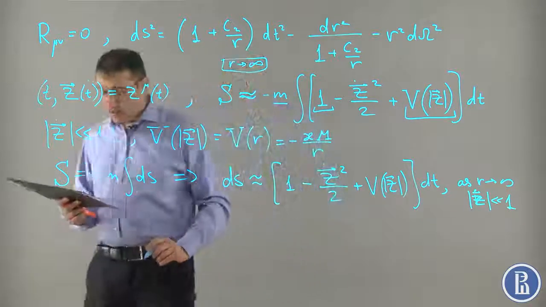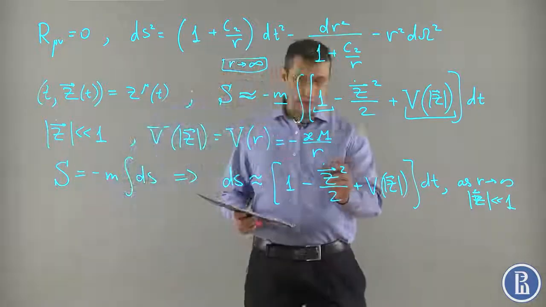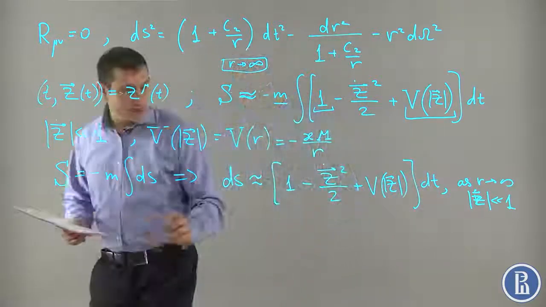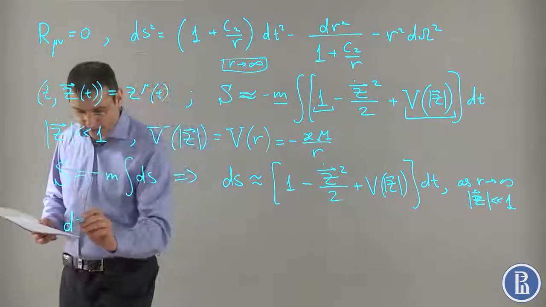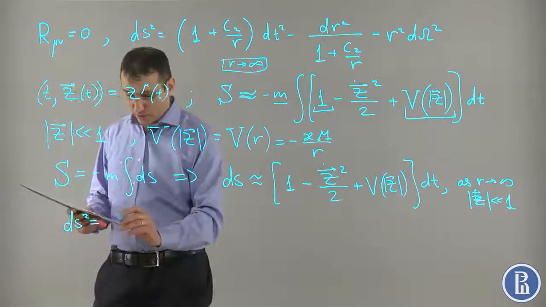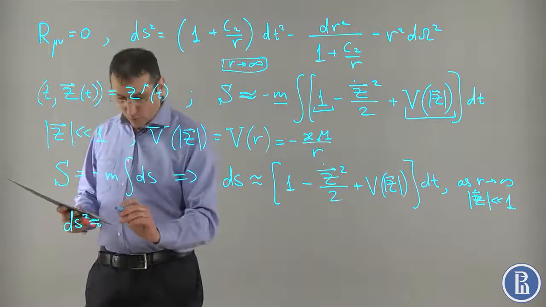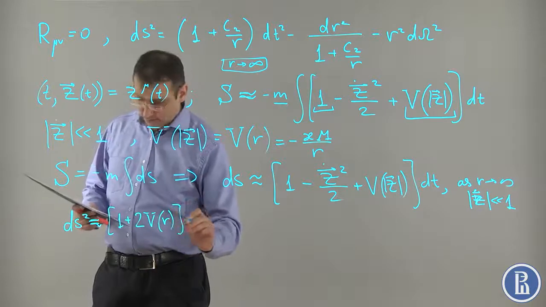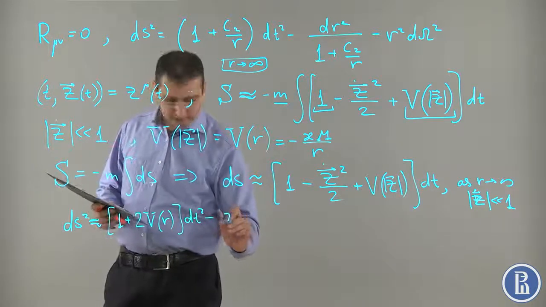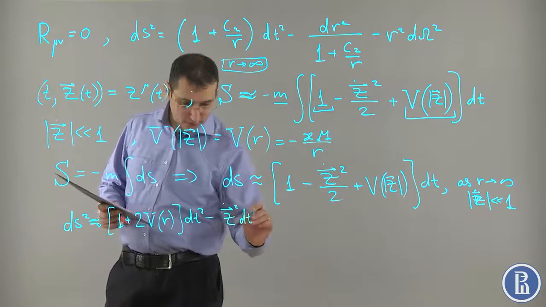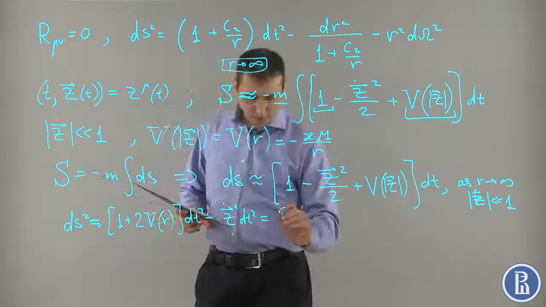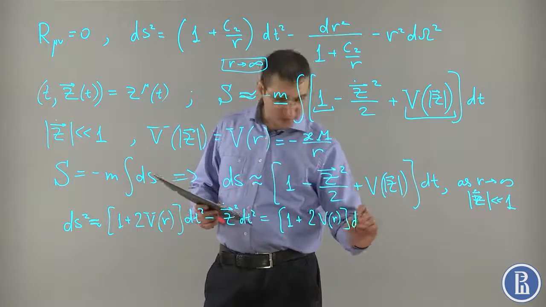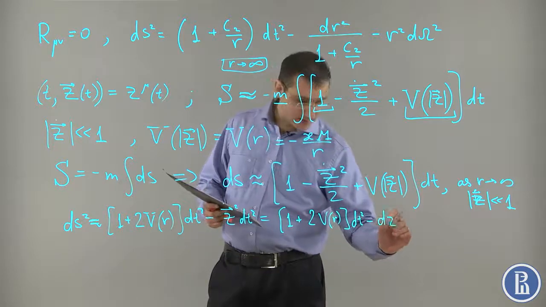Now, to linear order in z dot squared and in V, we can square this to obtain that ds squared is approximately equal to (1 plus 2V of r) dt squared minus z dot squared dt squared. But this is equal to (1 plus 2V of r) dt squared minus dz squared.